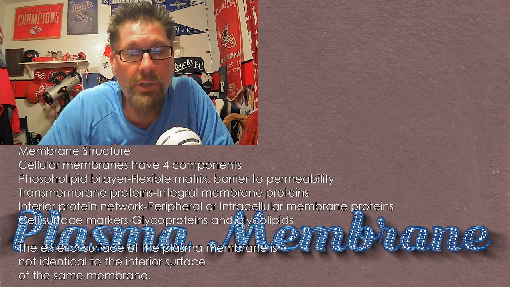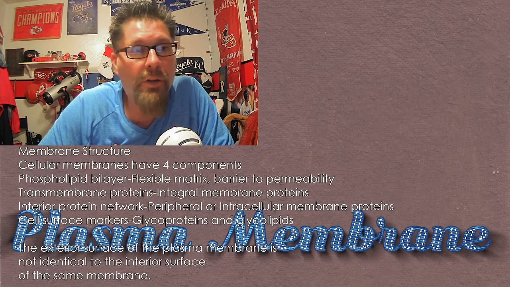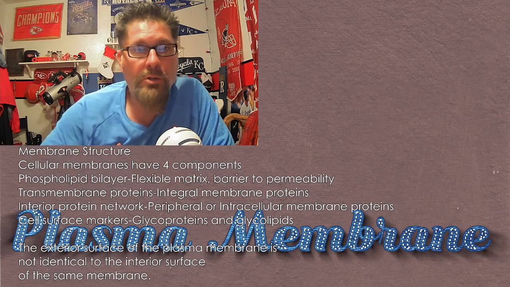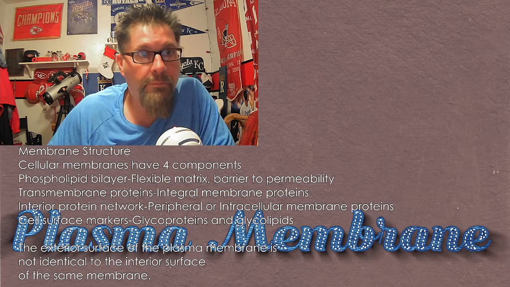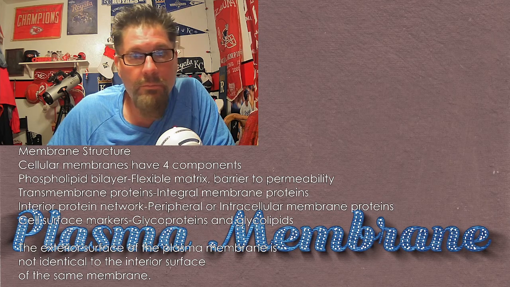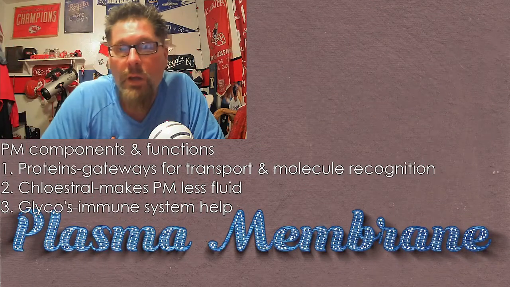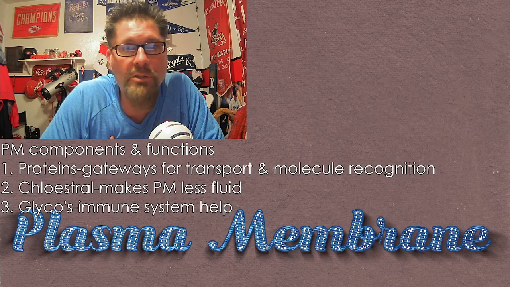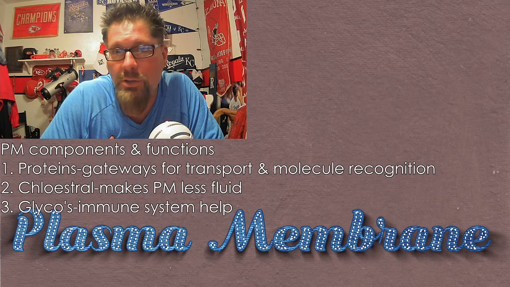The different proteins, there won't be any glyco stuff on the inside, so it's not identical on the outside as it is to the inside. But just to make sure that you are getting the components and their functions, the function component connection, that'll come up obviously in some test questions and quizzes and stuff.